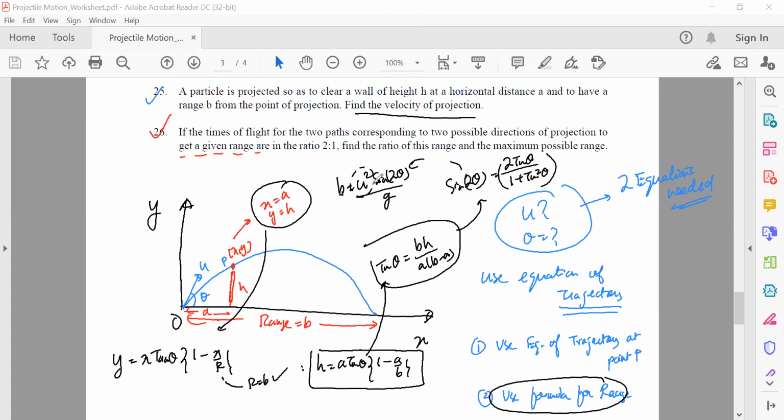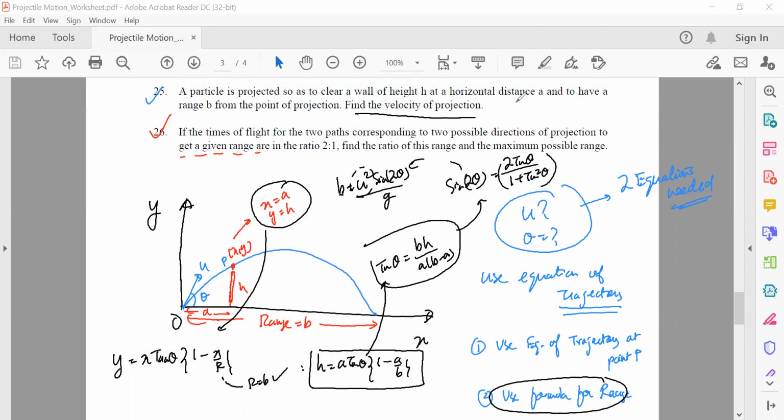So now in this equation, u square is the only unknown quantity. Yes, sir. Okay, so I'm clearing this now. This concept is clear now.